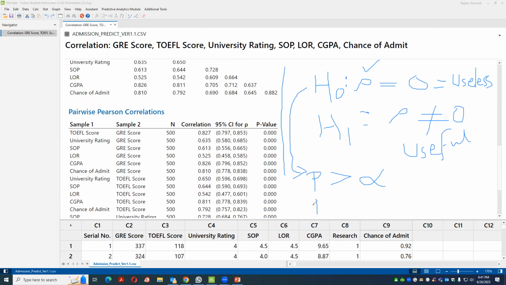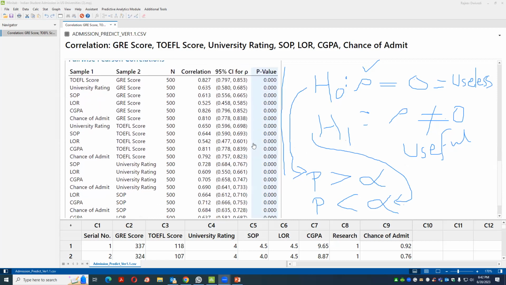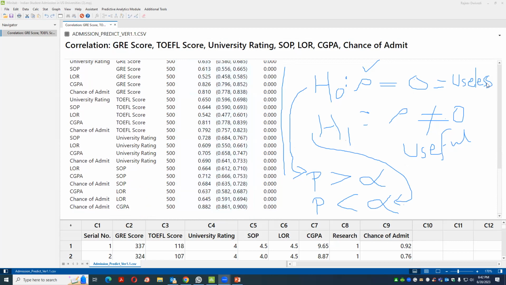And when the p-value is less than the alpha value, the null is rejected and the alternative hypothesis is accepted. So you are correct that every correlation is useful because the null hypothesis is rejected and the alternative is accepted. Is it clear to everyone? Is it making sense to everyone?